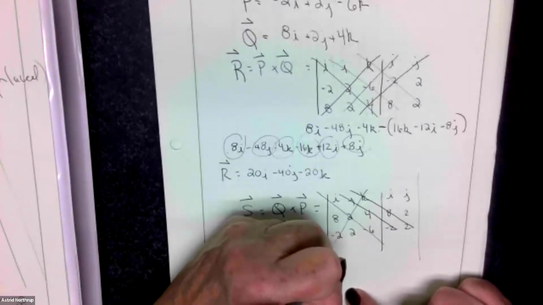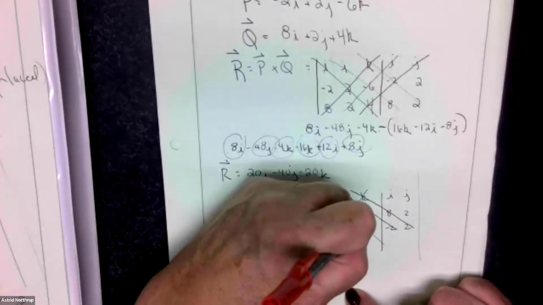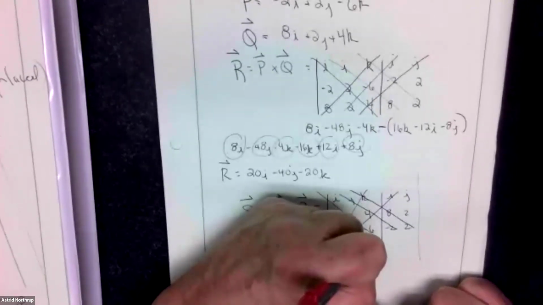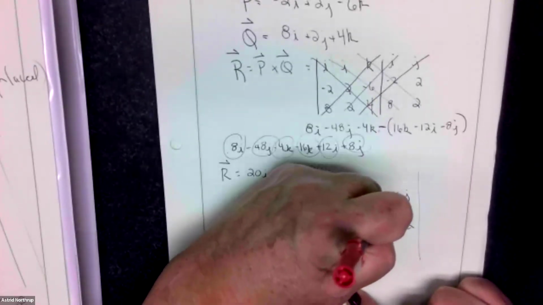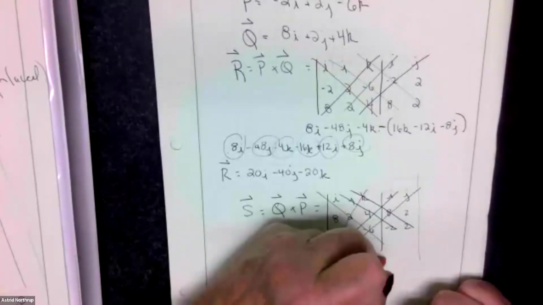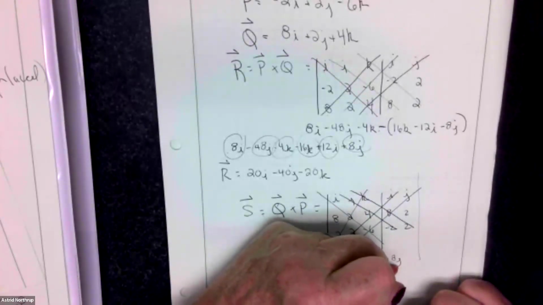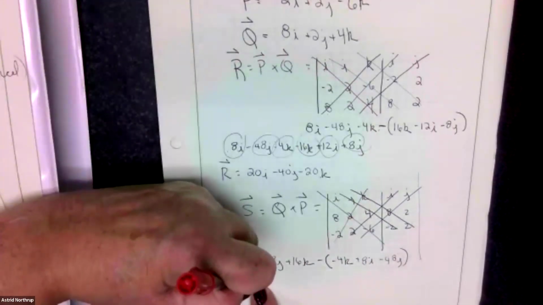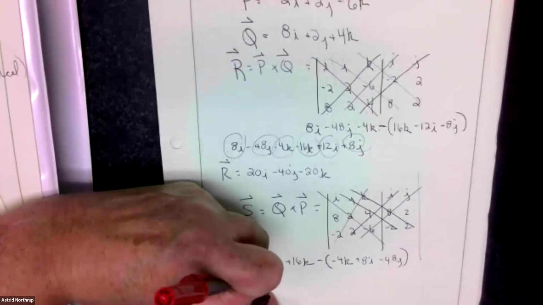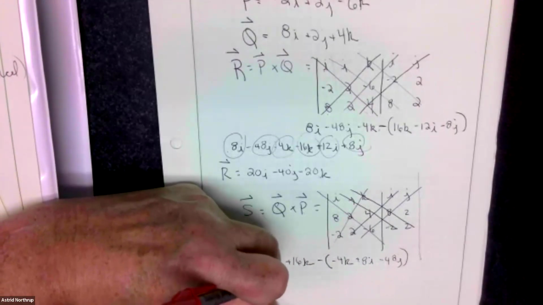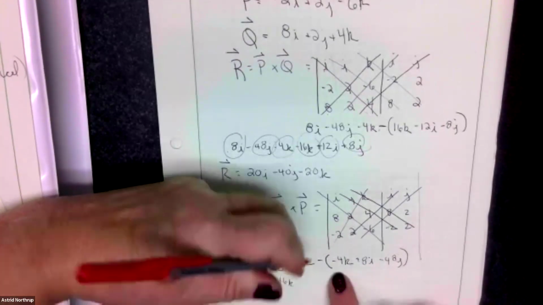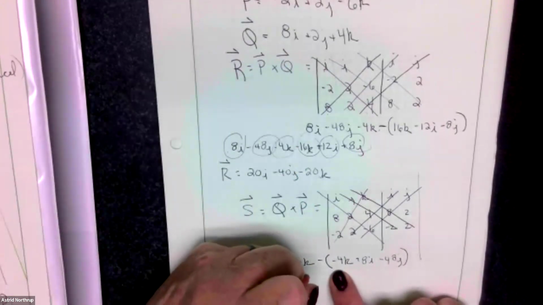So I get negative 4K, 8I, negative 48J. Then distribute that negative sign through. Negative times negative is positive.